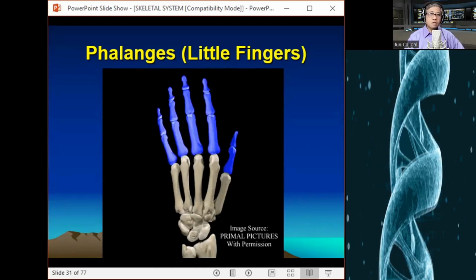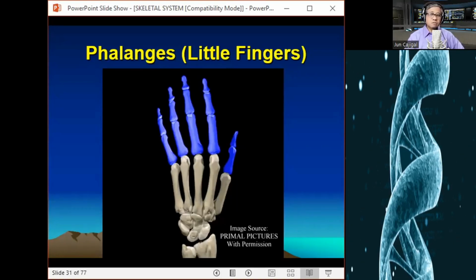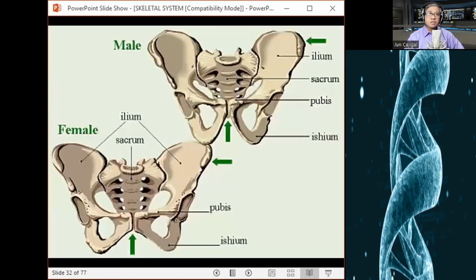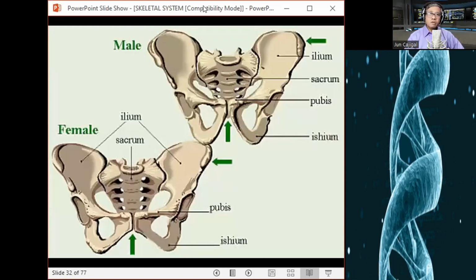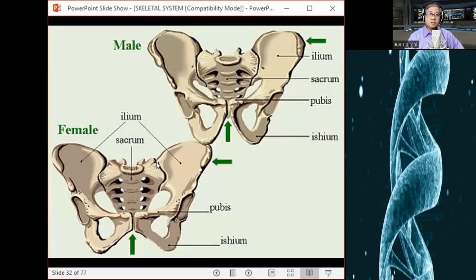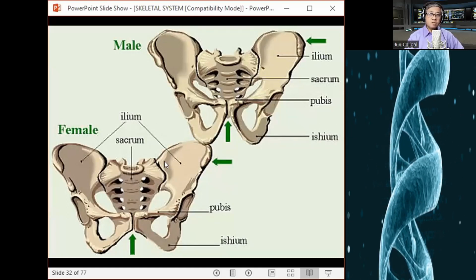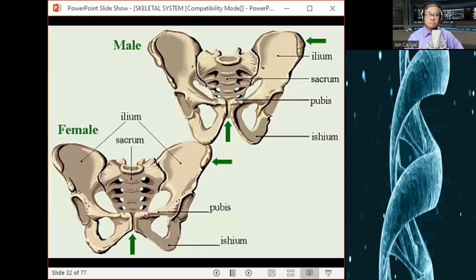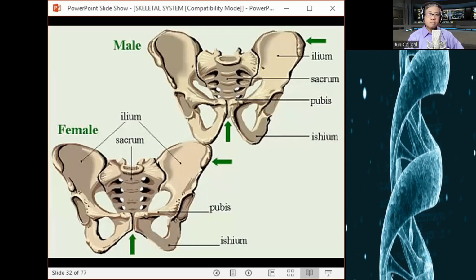Under that, we have the pelvic girdle or the pelvis that attaches the legs to the axial skeleton. So here is the pelvis, and if you will notice, the female pelvis is wider as compared to the male. That's how you identify whether the framework belongs to a female or male.